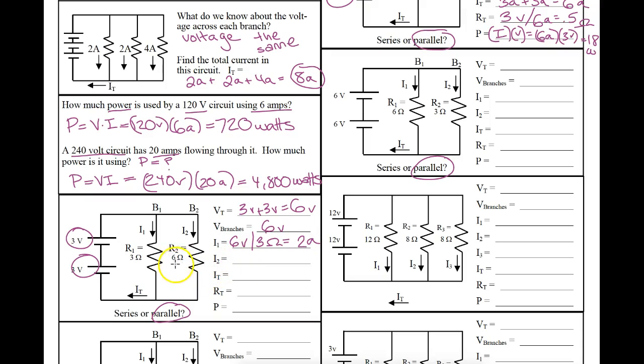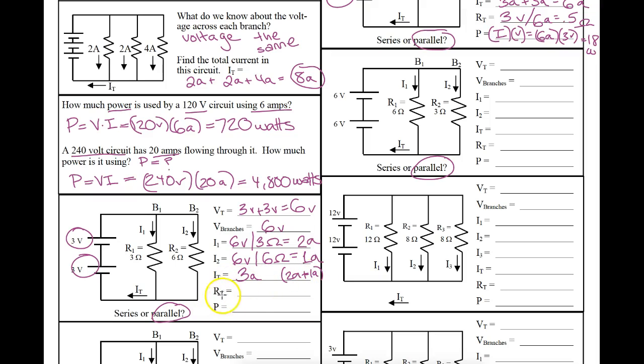And then in the second one, we have 6 volts, because again it's the same, over 6 ohms, and this is 1 amp. And then the total for this, you add them up. So it's 2 plus 1 is 3 amps. 2 amps plus 1 amp.